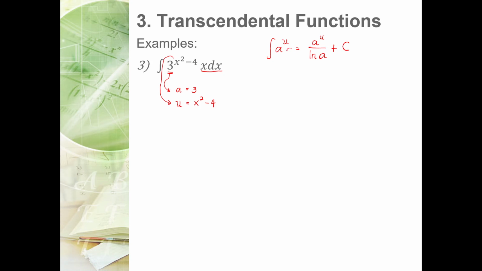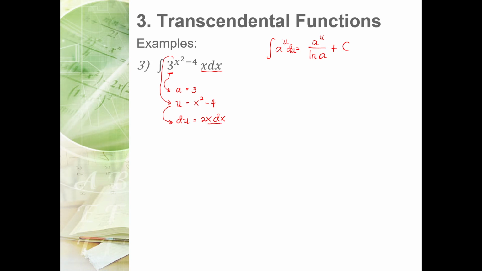Most likely this one will represent du if ever the u sub technique is successful. So getting the derivative, the derivative of u is du, the derivative of x squared is 2x, minus 4 is a constant, that's 0 dx.